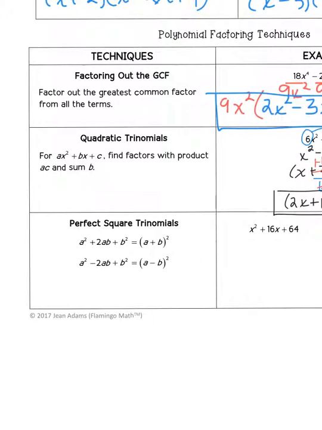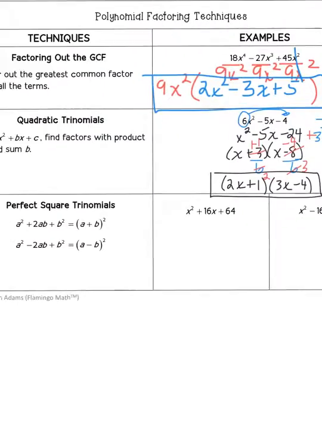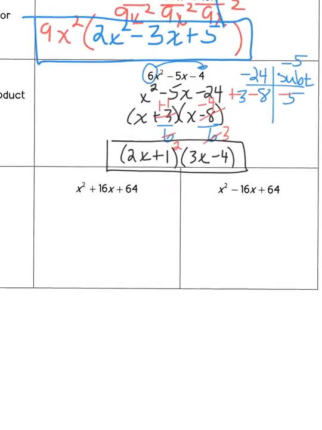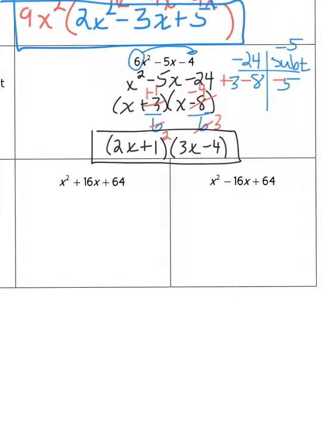All right, then for perfect square trinomials, remember these are your factor patterns, and so you want to test them to make sure that the middle term matches the 2ab. So that's what you'll see me doing. Here, I'm going to make them bigger. So my test is 2 times a times b.